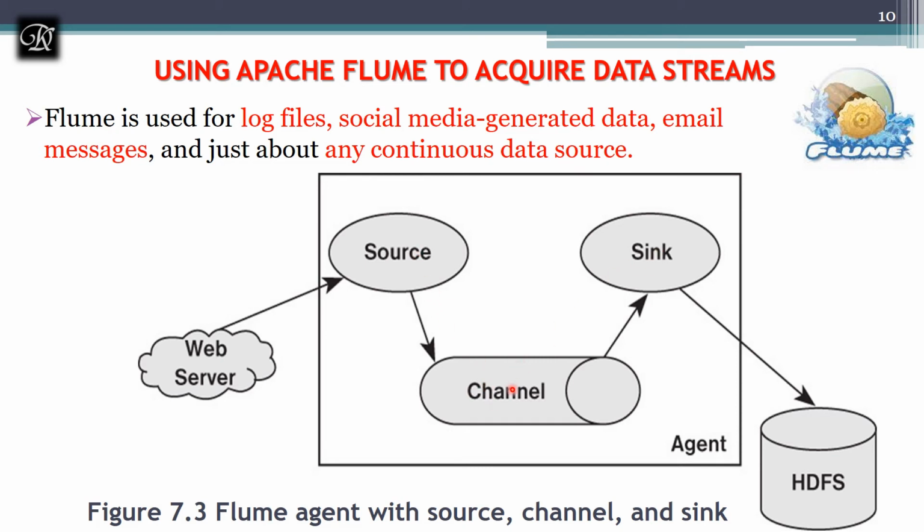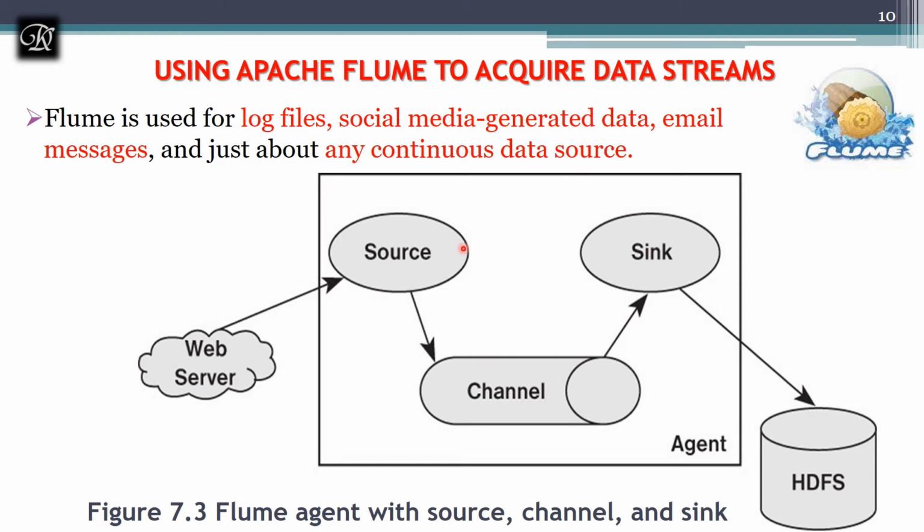So it's a buffer. And why don't we allow direct communication between source and sink? Why do we need an intermediate buffer? Because the data generation rate of the source might be high compared to the data retrieval rate of the sink.